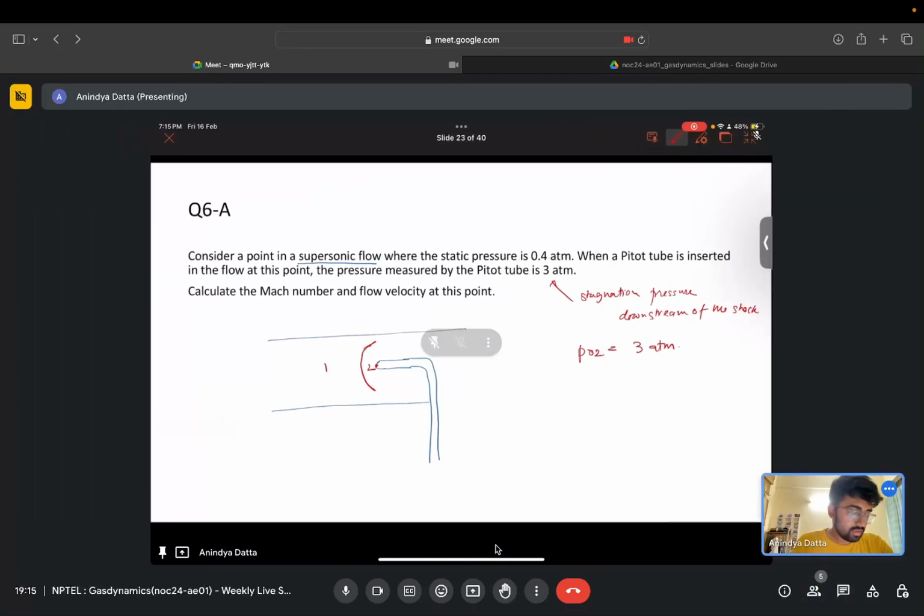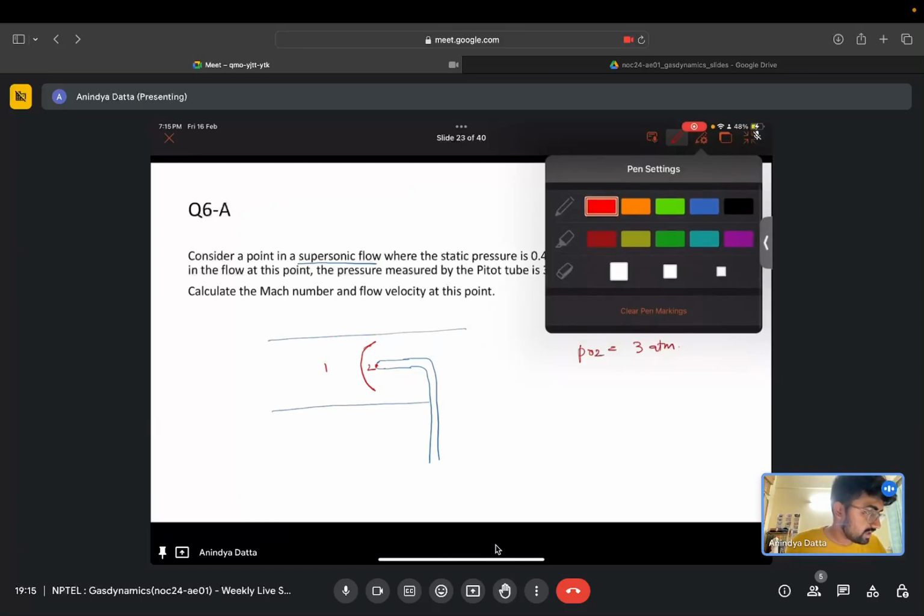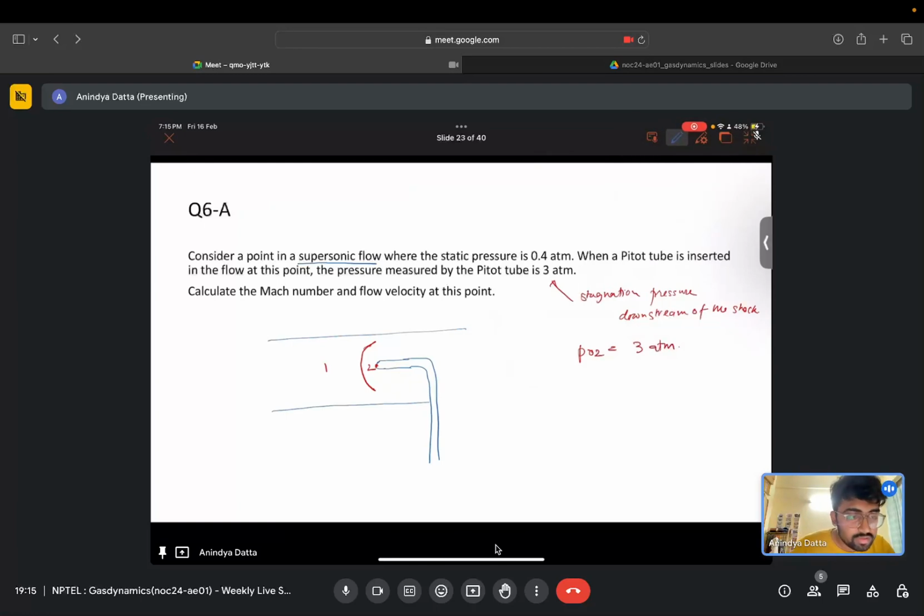At state point 1, as you know, in this kind of arrangement, P02 is used to measure the flow velocity. We have seen in incompressible flow it is very simple: the stagnation pressure is P plus half rho V square, and we can directly use that.